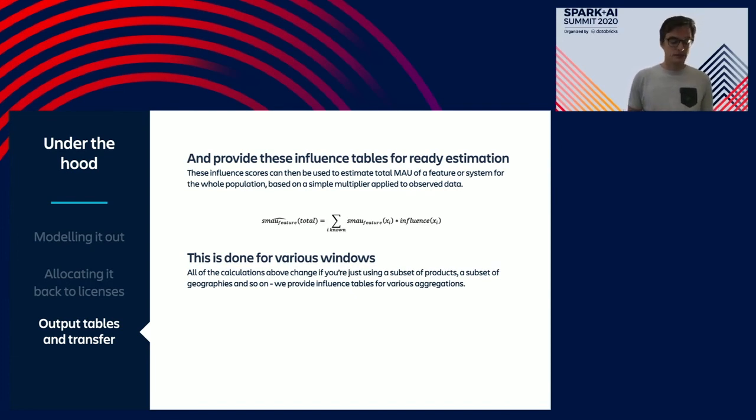Analogous to how we provide similarity scores for multiple responses to transfer from in the linear case, we provide influence scores for multiple windows, such as a single product window or all products together, or maybe just a single geography. This is because the allocation methodology changes on what universe of licenses you look at. It shrinks the greater the universe is. But with those influence scores, it becomes really, really simple to build a distinct count estimate, as we'll now run through.